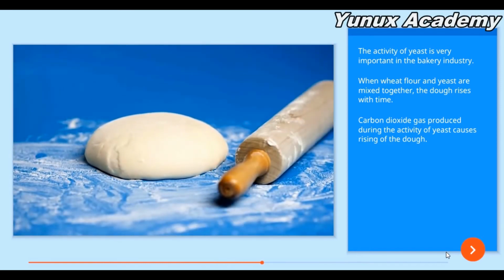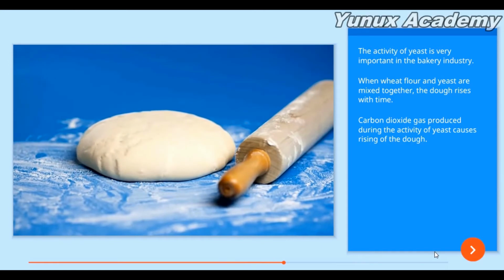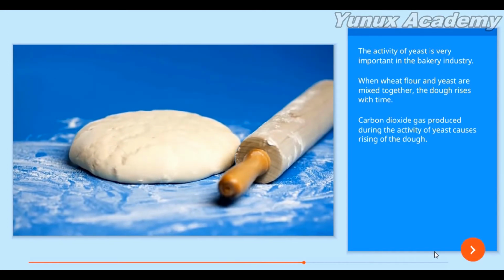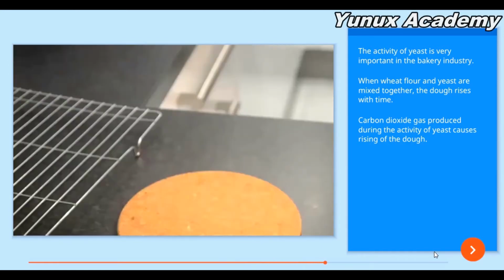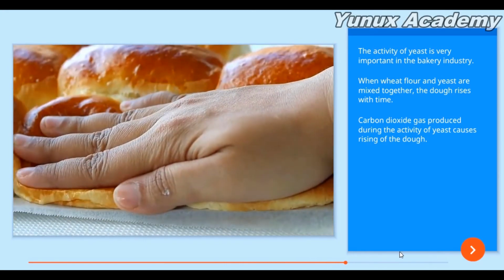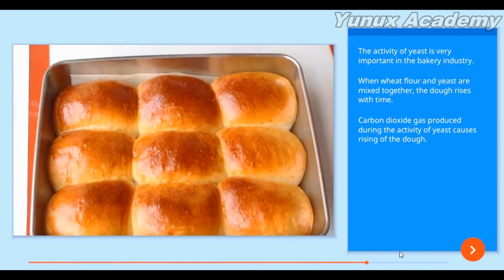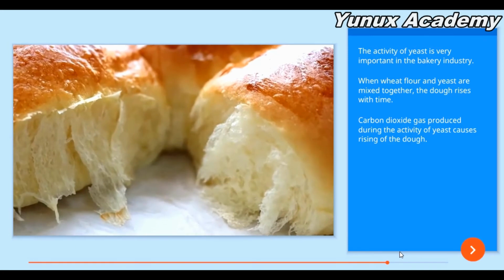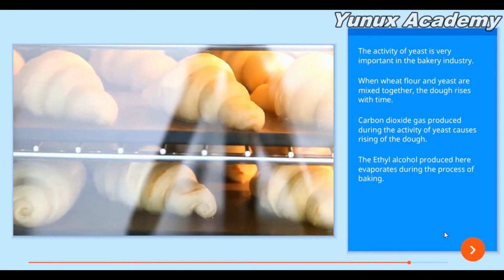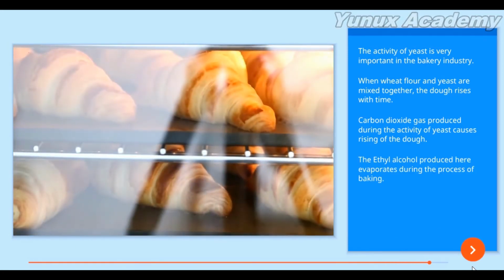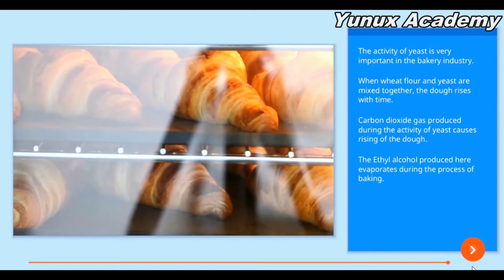This is known as rising, and yeast is known as a raising agent. The carbon dioxide gas produced here provides a soft and porous nature to bakery products. Ethyl alcohol produced during the process evaporates during baking in ovens.